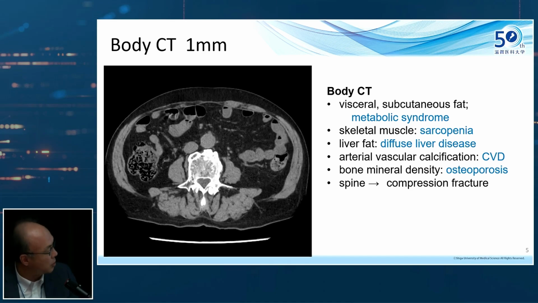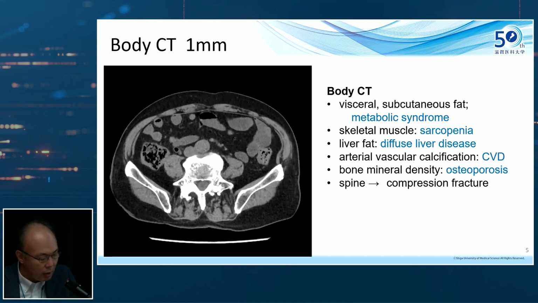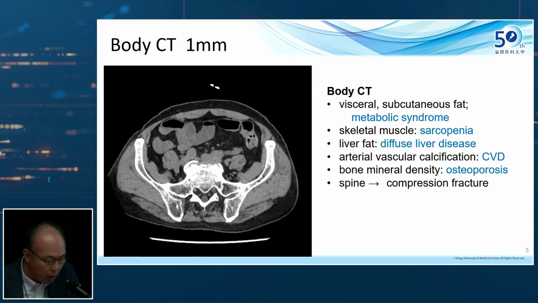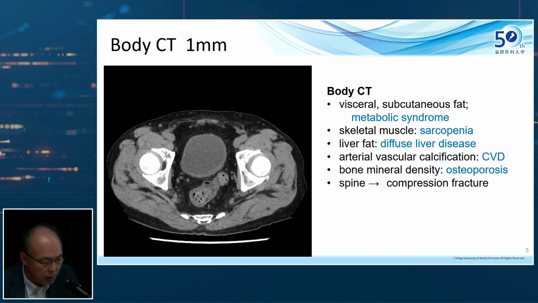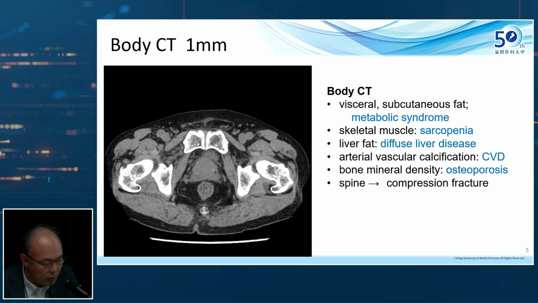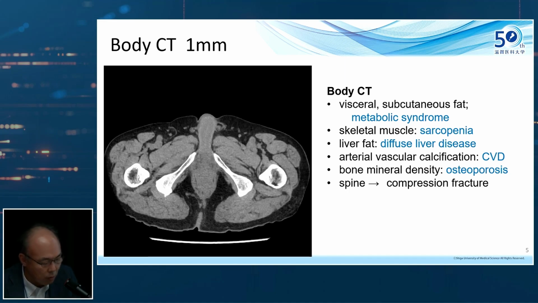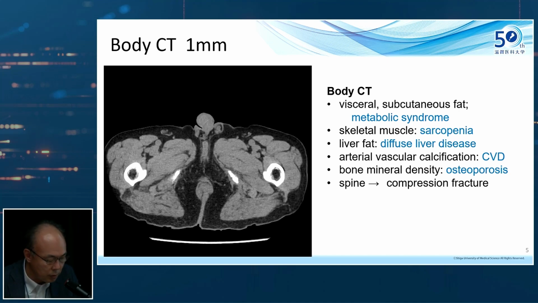But from this body CT, we get some information: visceral and subcutaneous fat, related to metabolic syndrome; skeletal muscle, related to sarcopenia; liver fat, related to fatty liver; arterial vascular calcification, related to cerebral vascular disease; and bone mineral density, related to osteoporosis.